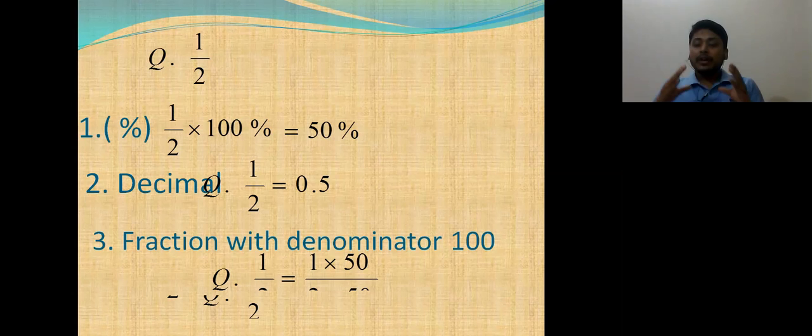Again, if you calculate the fraction with denominator 100, then you will get the lowest term also, and the decimal point also. Both are possible. So listen very carefully. First of all, if any number is given and it is not a percent, then make it a percentage first. Then from percentage, go for the other numbers. That will be very easy.